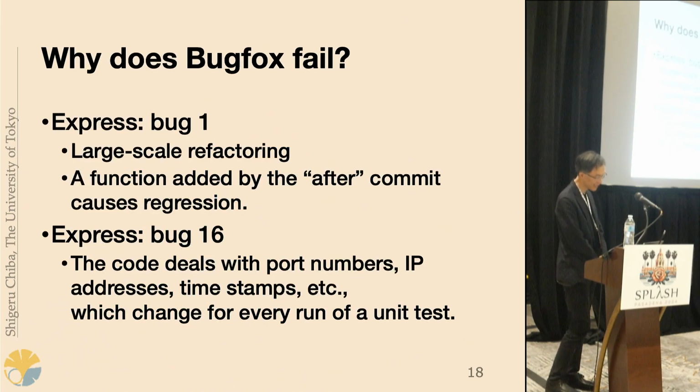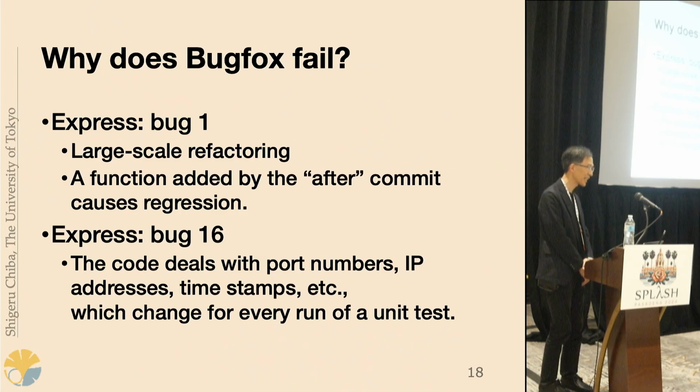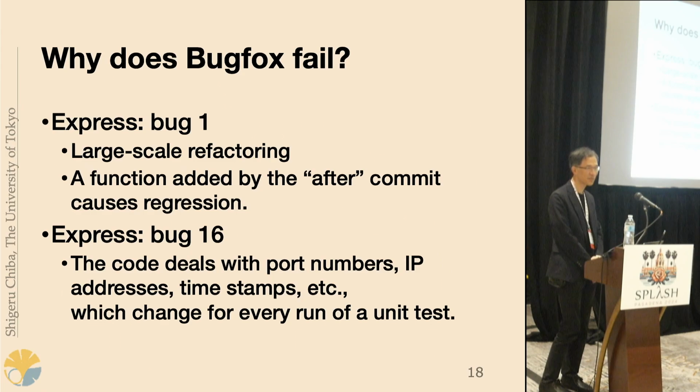So as I said, there are 2 cases where Bugfox could not find the cause of the regression. In the first case, the reason was that this regression happens after very large-scale refactorings, so many functions are changed at the same time. I don't think that's a good way in modern software development.